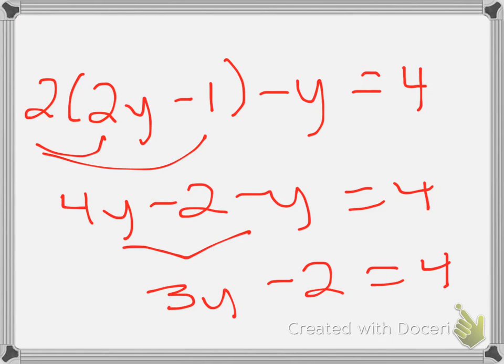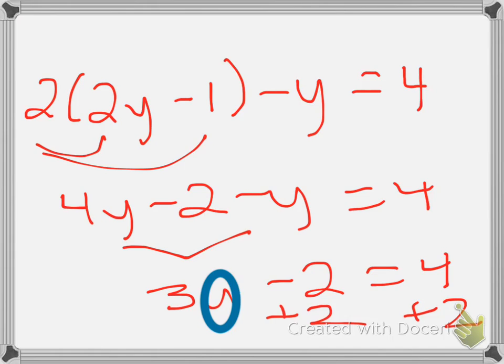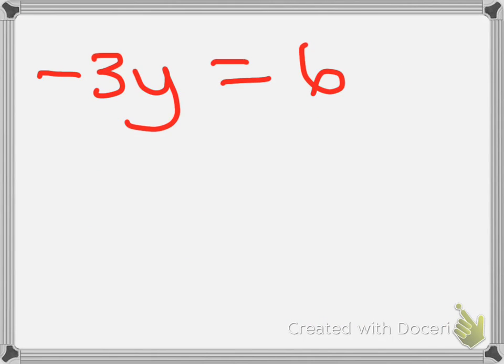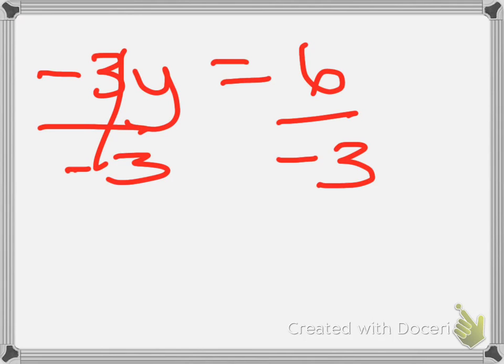I'm going to solve for y here by adding 2, adding 2. I now get negative 3y is equal to, so I forgot already, 6. I like that thickness better. Divide by negative 3, divide by negative 3, and I get y is equal to negative 2.